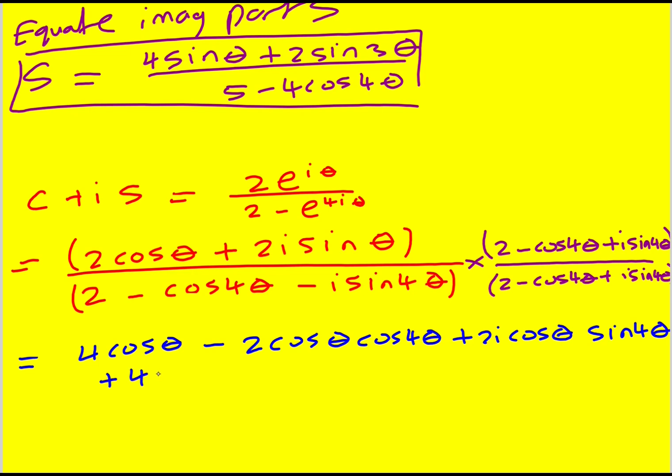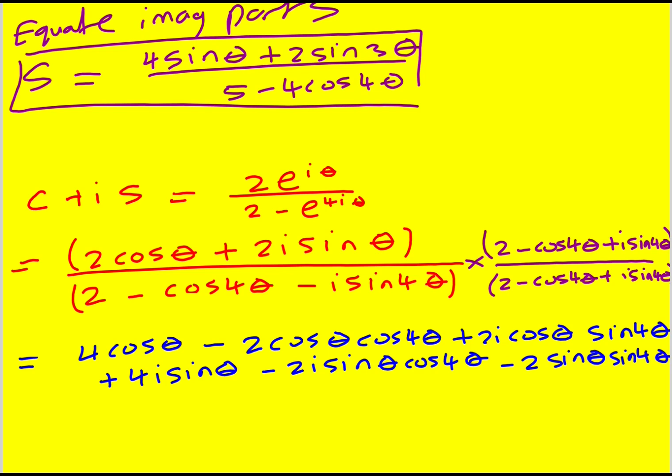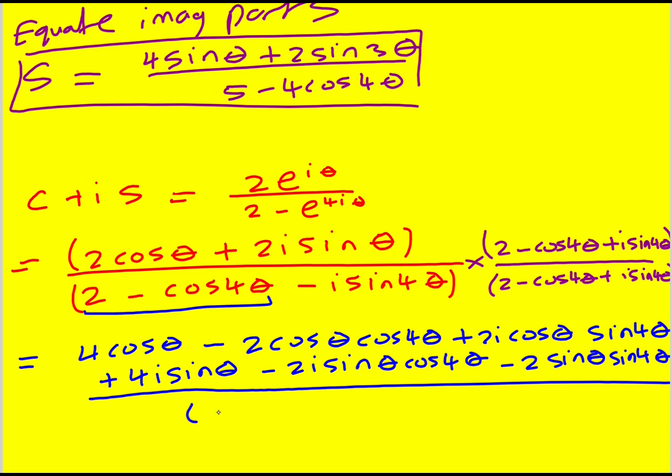Then I'm going to get plus 4i sine theta minus 2i sine theta cos 4 theta. Then 2i times i gives me minus 2, so I'm going to get minus 2 sine theta sine 4 theta, all over, now we can bring this together to start with, 2 minus cos 4 theta squared.